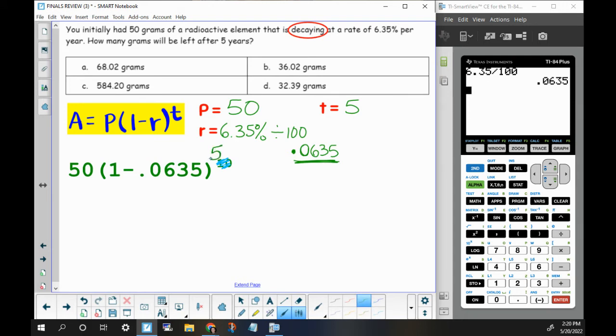So everyone, let's plug this into our calculator. We got 50, parenthesis, 1 minus 0.0635, close your parenthesis. And then how do we raise it to a power? What do we hit? The caret key. And we're going to raise it to the 5th power. Do that in your calculator, and let's see what we get.